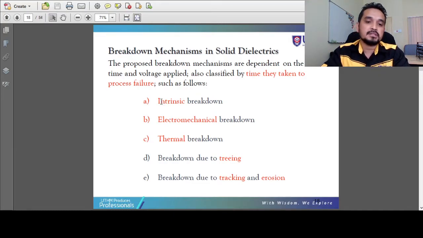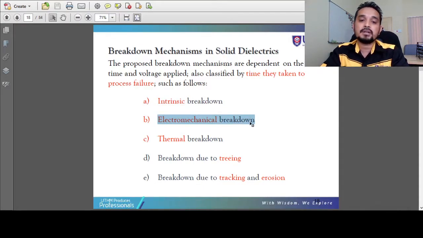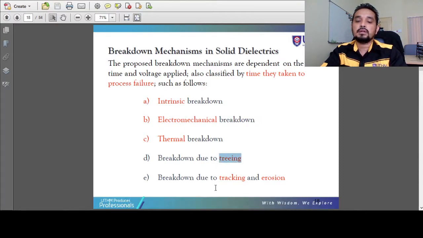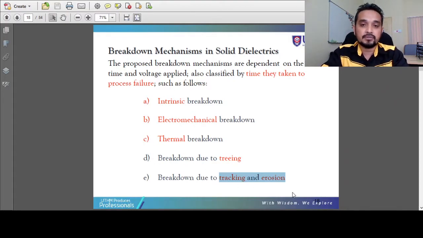They are, as I mentioned before, intrinsic breakdown, electromechanical breakdown, thermal breakdown, breakdown due to a treeing process, and breakdown due to cracking and erosion. We will look in detail at each of these five processes or phenomena that lead to the failure of solid dielectric materials.